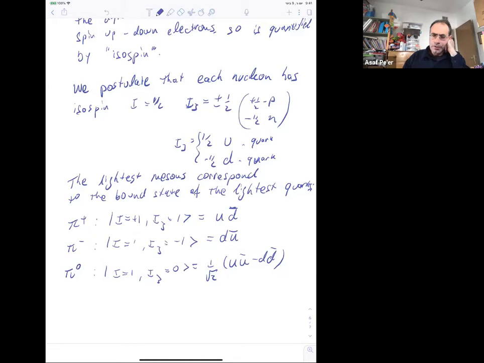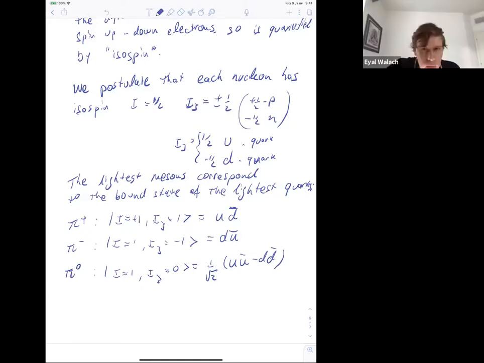I refer you to the book by Halzen and Martin. They have a discussion there in section 2.7 about where it comes from. I'm not sure it will be much more illuminating without going deeper into group theory.